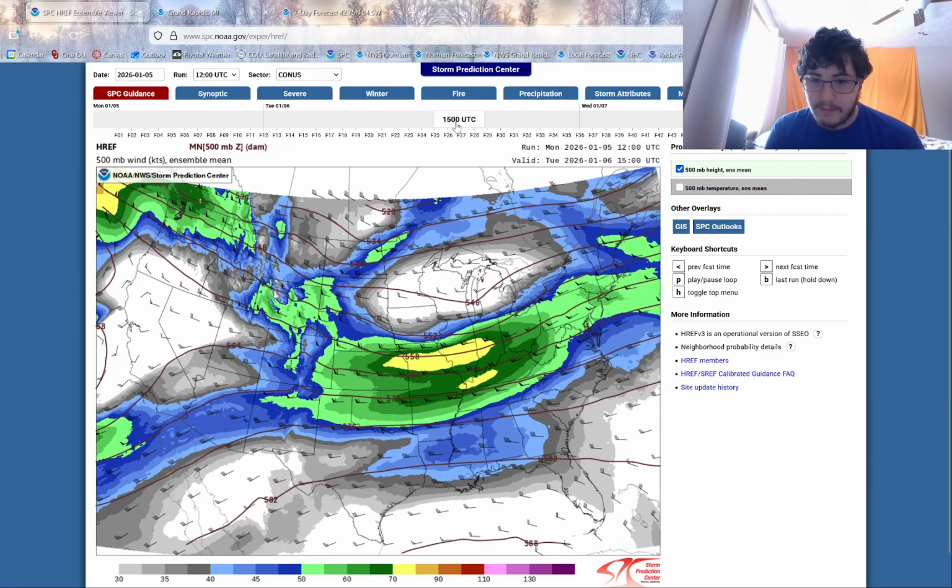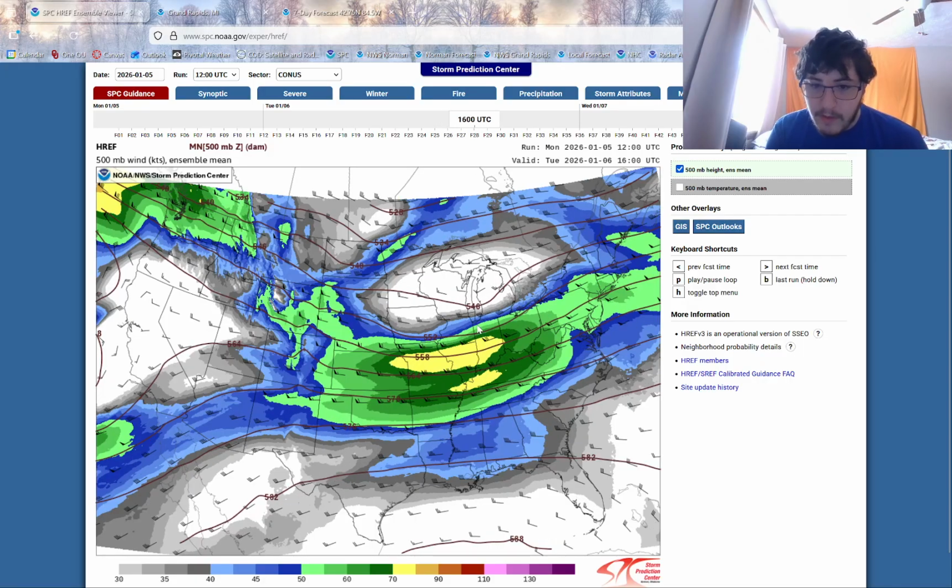But regardless, as we head into right around the transition from morning to afternoon tomorrow, we are pretty much right in that left exit region of this jet. And we do still have the trough feature really moving right over our area. And it looks like we even have another one kind of up in here over the Dakotas and Minnesota.